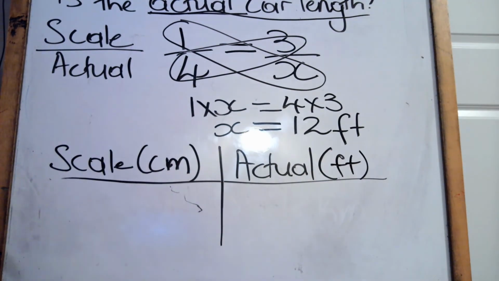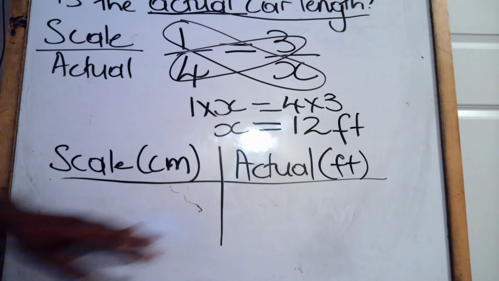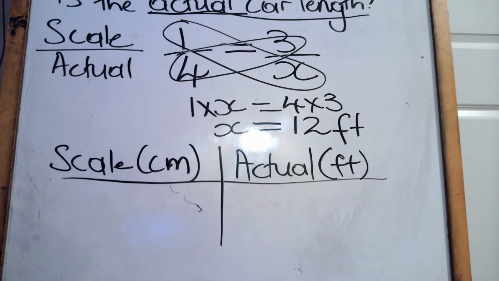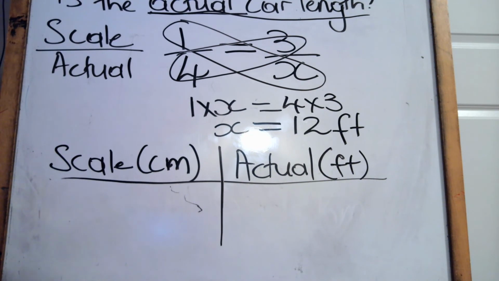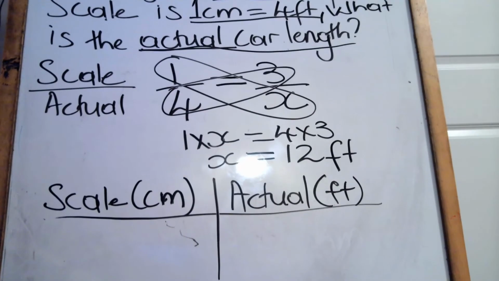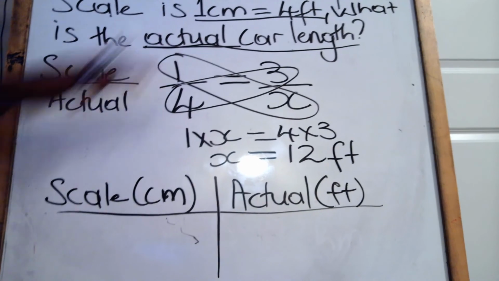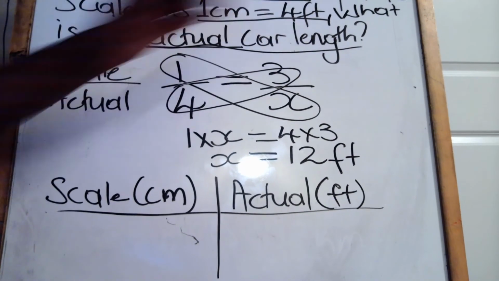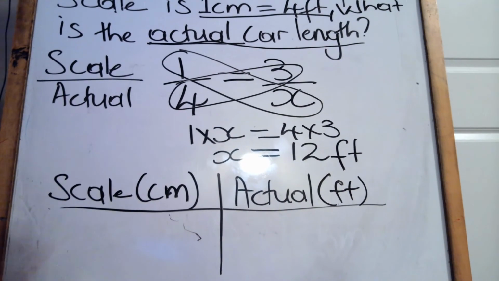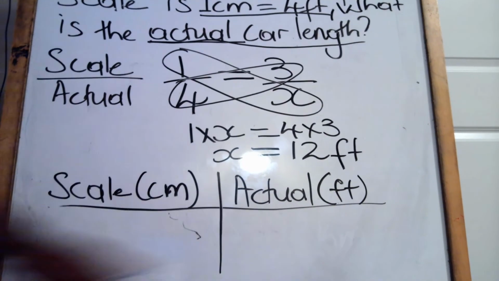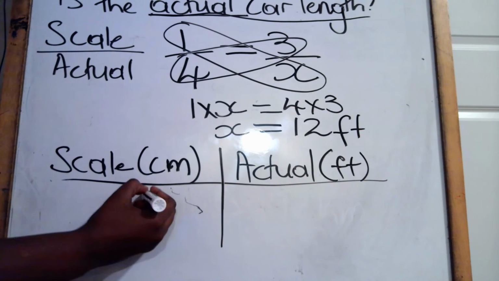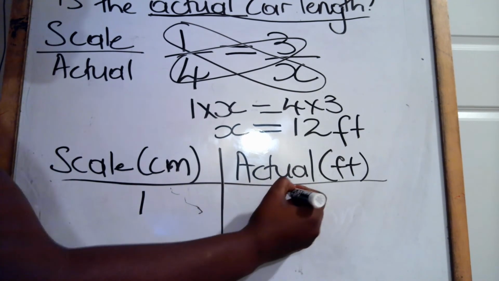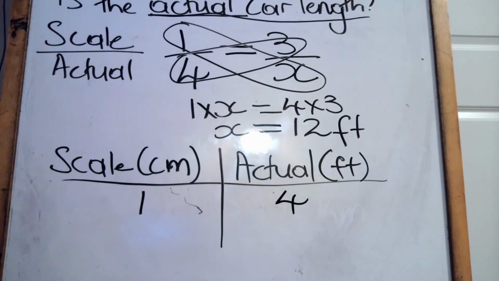All the scale lengths go to one side, all the actual lengths go to the other side. The scale that they gave us in the question was 1 centimeter equal 4 feet. So 1 centimeter goes on the scale, 4 feet goes on the actual. So let's do that. 1 centimeter and 4 feet.